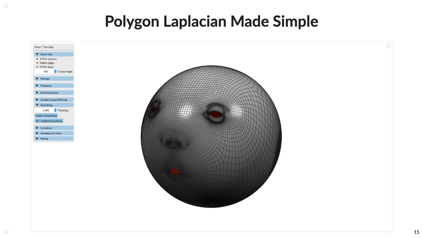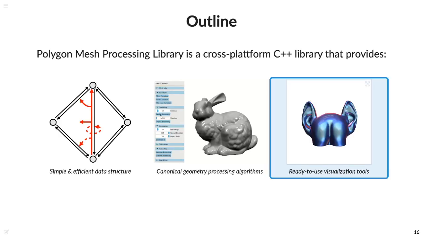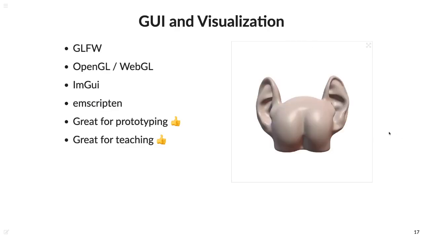So much for the algorithms that we have. What about the visualization and user interface that you see all the time? This is by design quite simplistic. The window management and user interaction is GLFW, which is very minimalistic. Rendering is done by OpenGL, the core profile 3.something, or WebGL if you cross-compile it to a web demo.